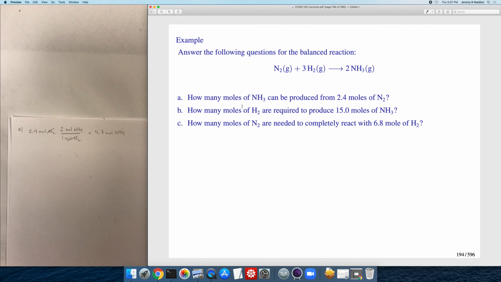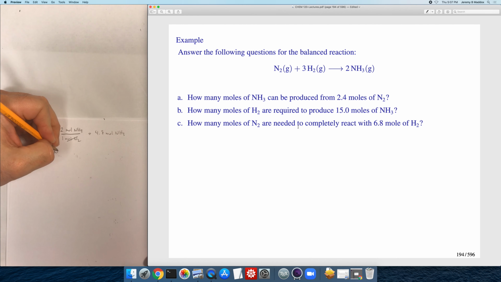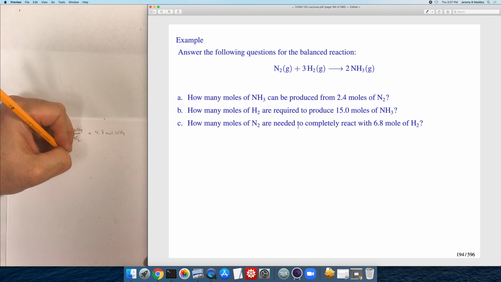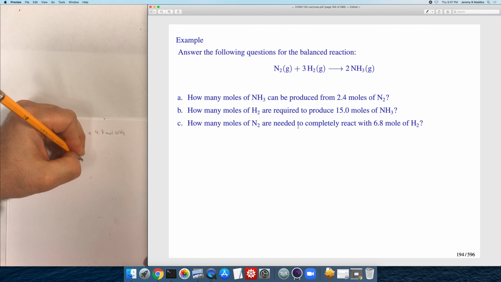In part B, how many moles of hydrogen are required to produce 15 moles of ammonia? So here we have a desired amount of product. Well, how much of this reactant do we need? So in part B, we've got 15 moles of NH3. This time we want the NH3 to cancel, so we put the 2 moles of NH3 in the denominator.